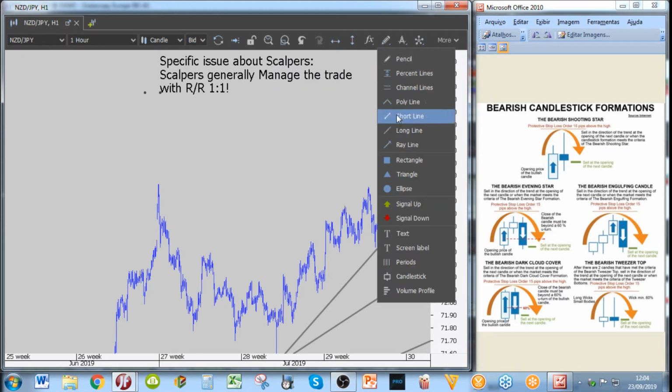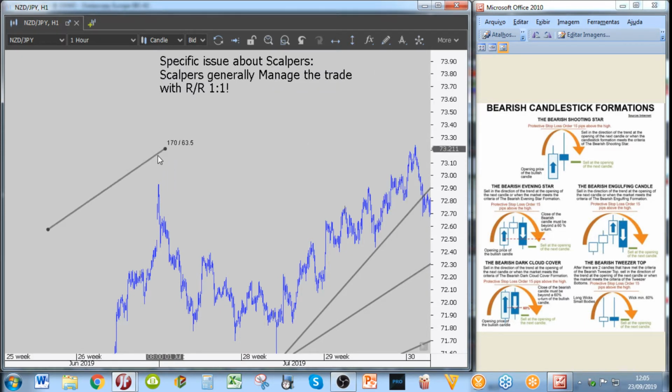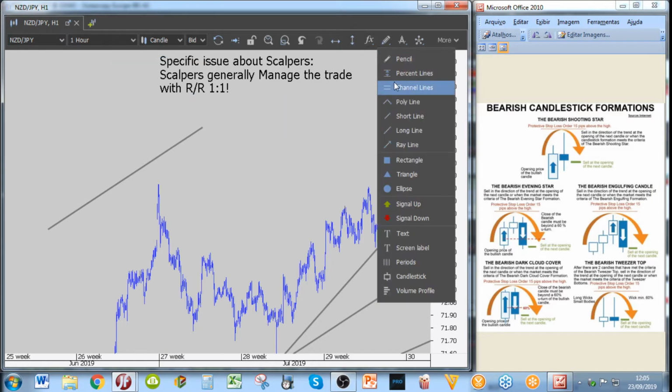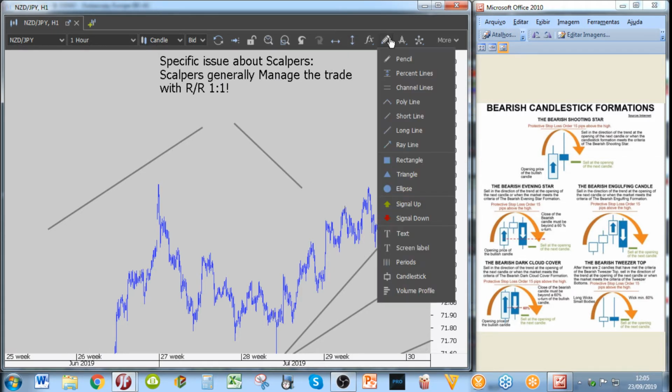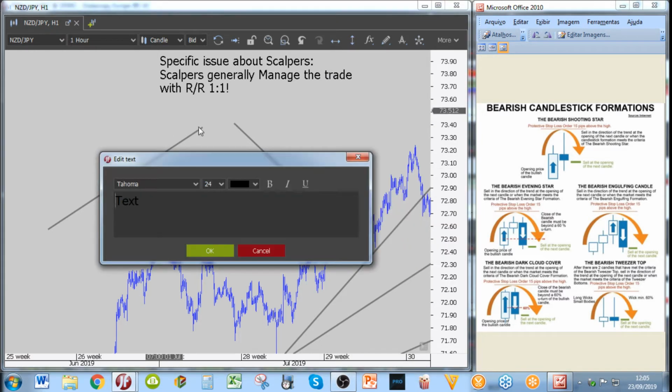Now, let's talk about common sense. It's common sense, right? Where do you think a scalper... Passion, what is a scalper? Okay. This is basic scalping, everybody. A scalper is a trader who sells or buys candlestick formations.